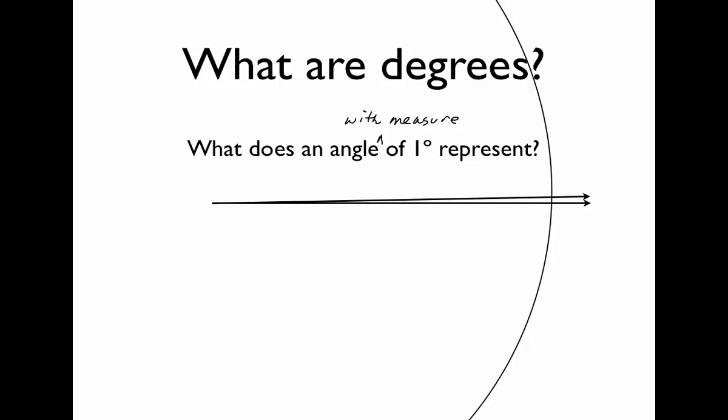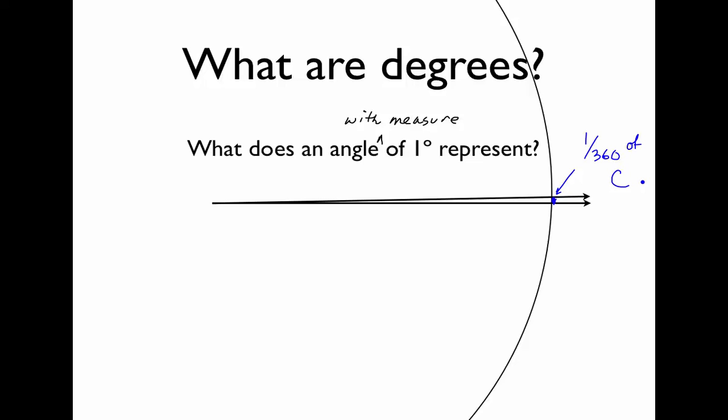All right, so an angle with that much openness, it has to do with how much of the circle those rays cut off. So right there is what amount of the circle? Patrick said 1/360th of the circumference.